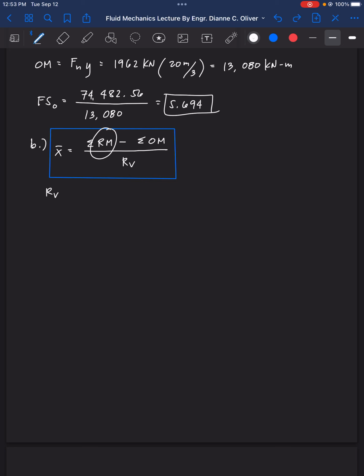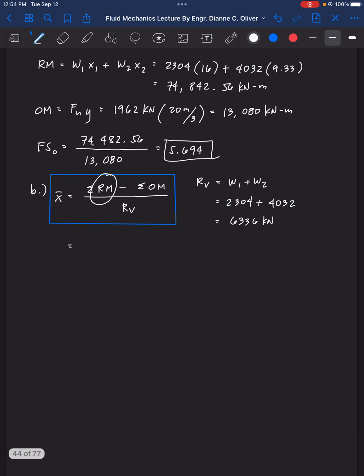So we need to find RV. RV is weight 1 plus weight 2. That is equal to 2304 plus 4032. So RV is 6336 kilonewton.